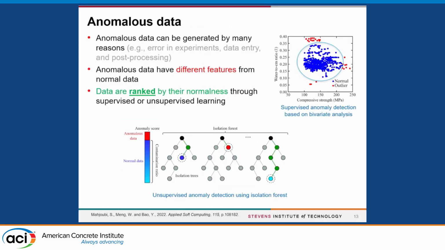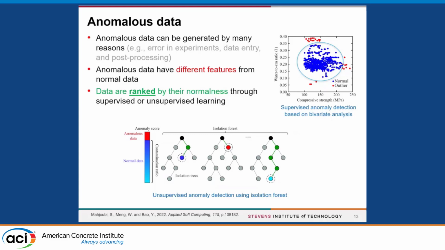So now we know how to obtain large enough data. So the next question is, how can we ensure the high quality of the data for higher accuracy of the machine learning model? So we know that anomalous data is usually generated due to some errors during our experimenting or entering data or processing the data.